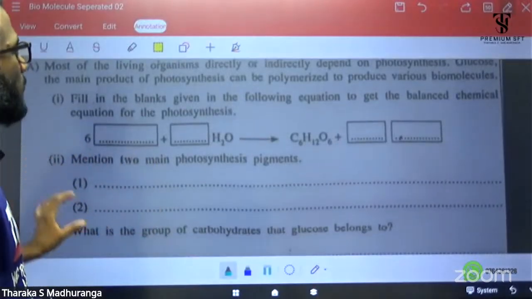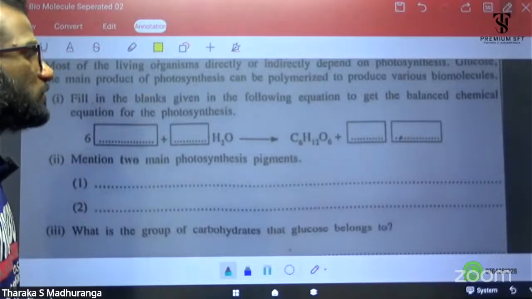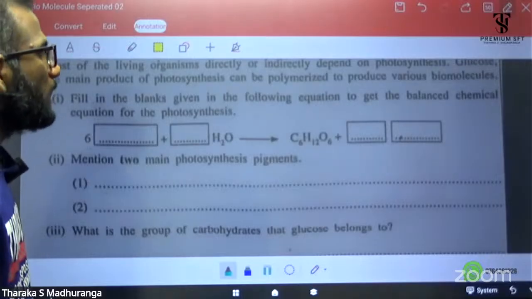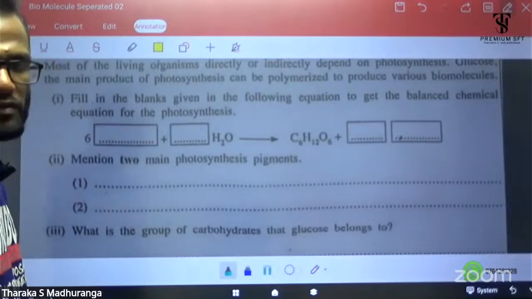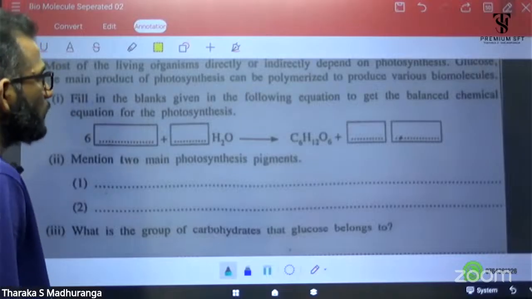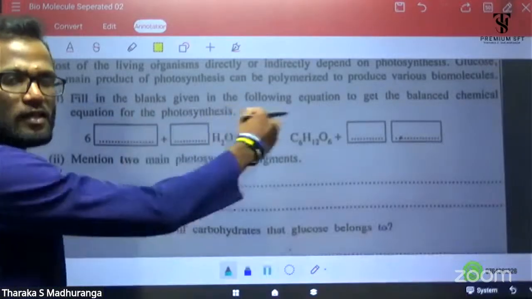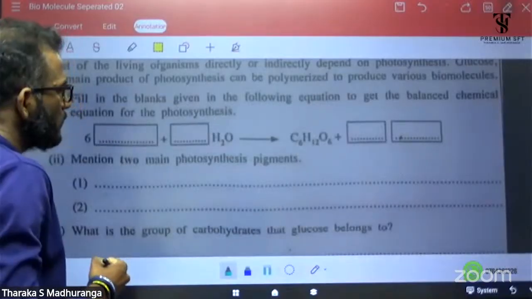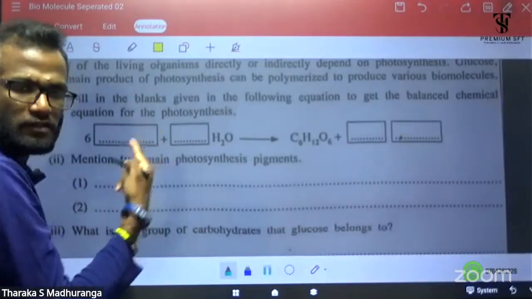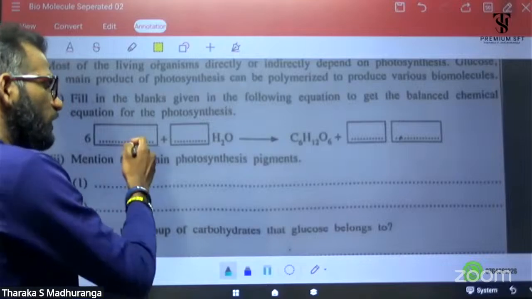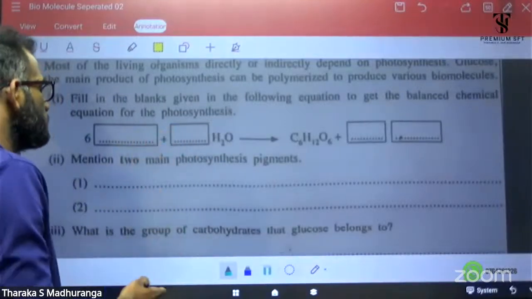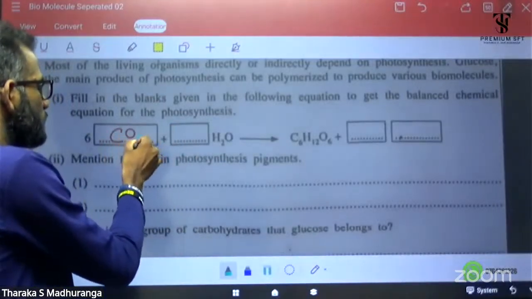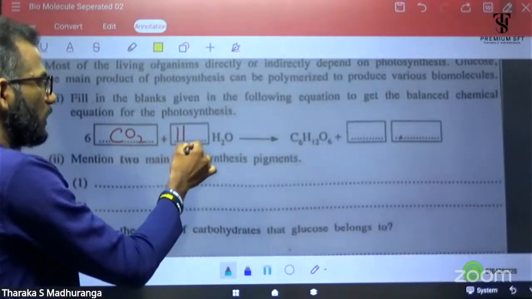Fill in the blanks in the following question to get the balanced chemical equation for photosynthesis. Photosynthesis balanced chemical reaction is being asked, which we discussed in our cell structure lesson. What are the main raw materials for photosynthesis? Carbon dioxide and water. Water is given.